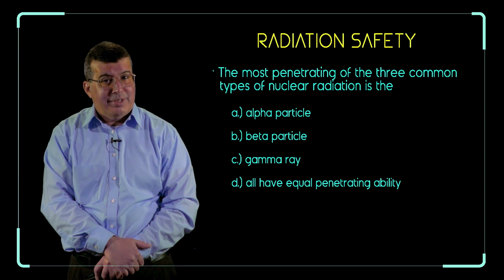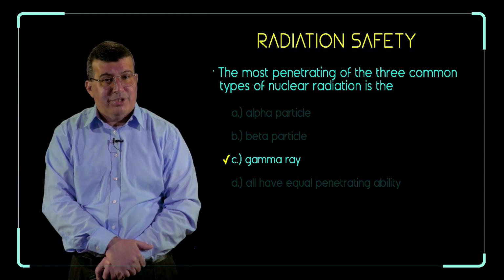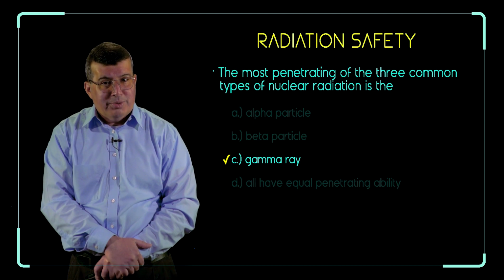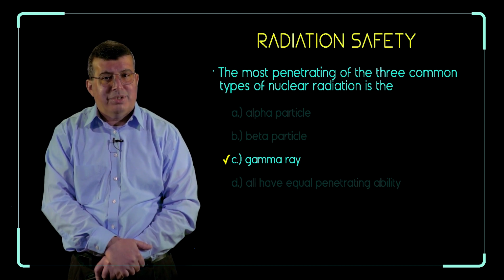The correct answer is that the gamma ray is the most penetrating type of radiation. So the most penetrating of the three types of radiation is C, the gamma ray.